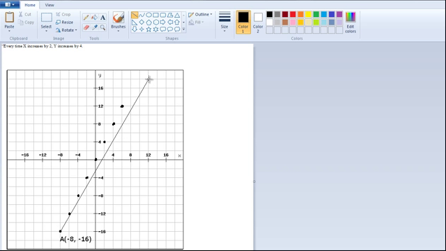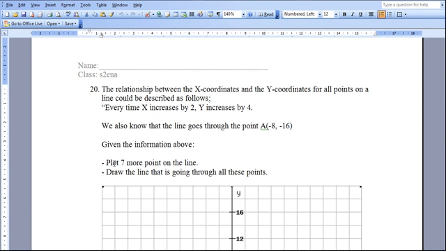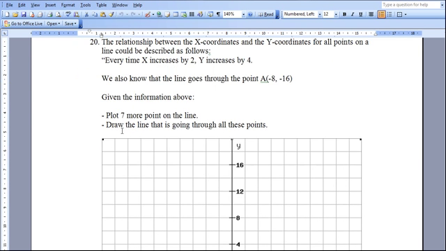Start in this point, going through all the points and past this one, and then one more here, so we pass this one, and then remember the arrows. It's very important to show that it's a line. It will never end in either direction. Perfect. What else? That was everything. We plotted the 7 points and then drew the line.